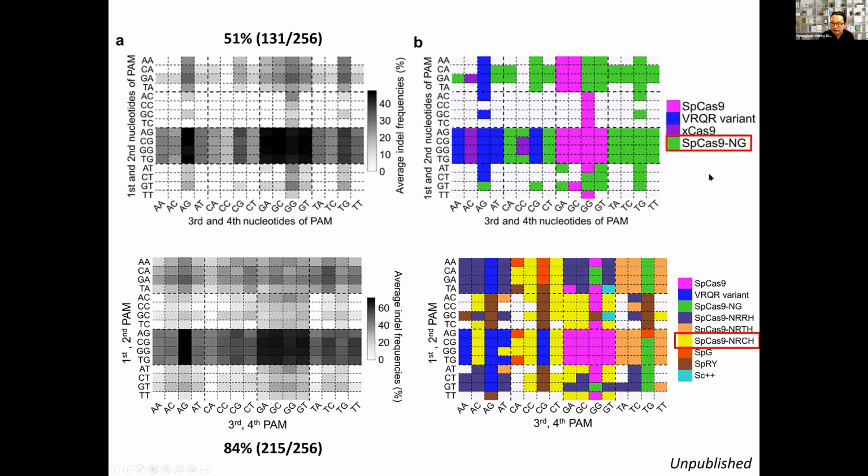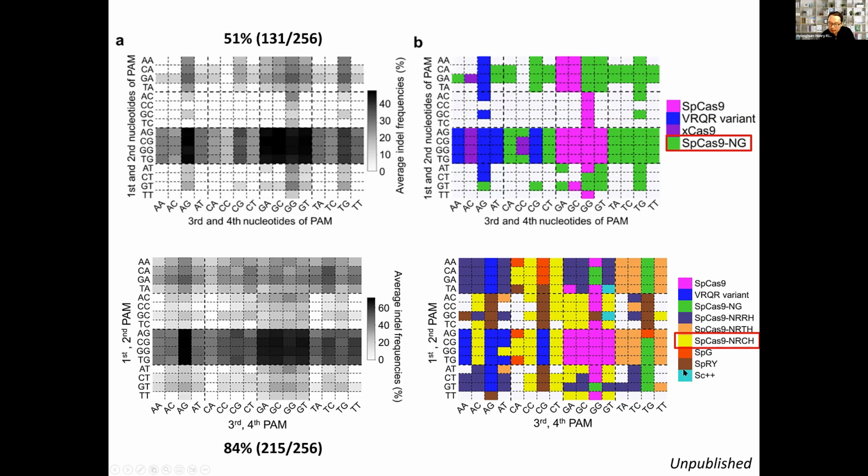After publication of our data, scientists in this field generated more variants, which include SpCas9-NRRH, SpCas9-NRTH, SpCas9-NRCH, and SpG, SpRY, and SpCas9+. NRRH, NRTH, and NRCH are all from David Liu's group, and SpG and SpRY are from Ben Kleinstiver's group.